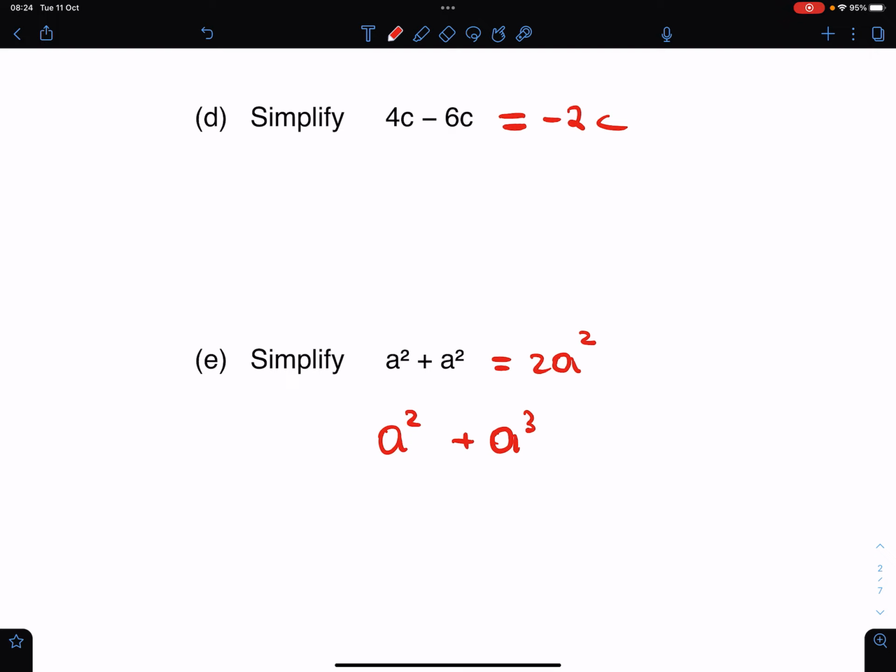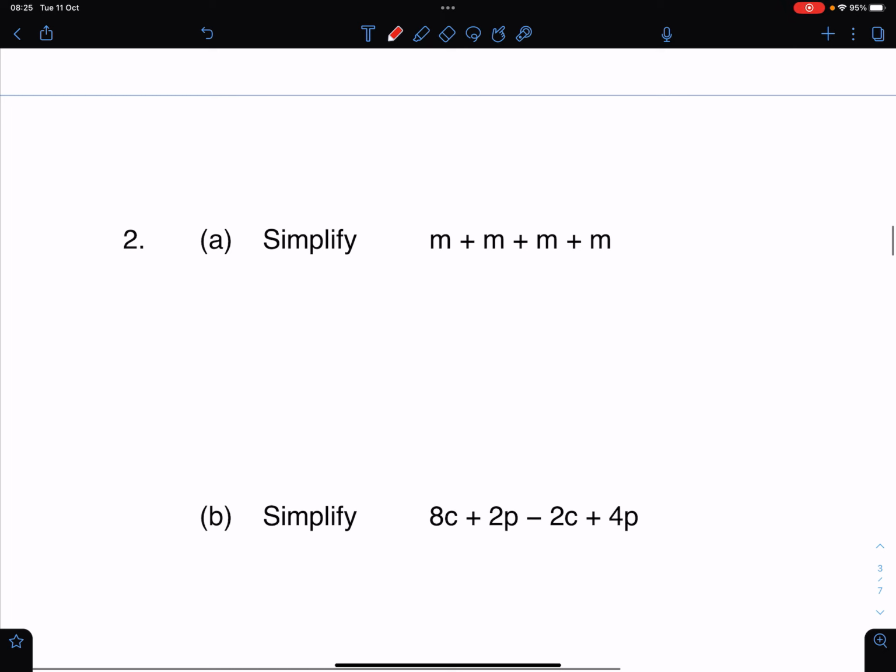Even though we use the same letter a, they are not like terms. A squared and a cubed, completely different idea, okay? In a cubed, you have a times a times a, but in a squared, you have a times a. We can't add them, but we can multiply them, all right?